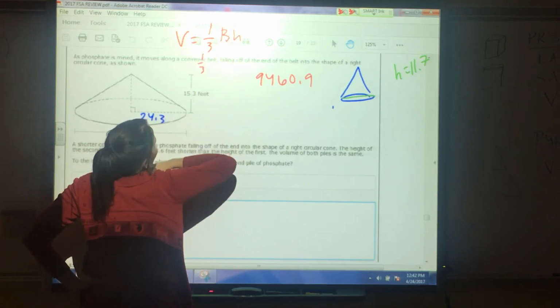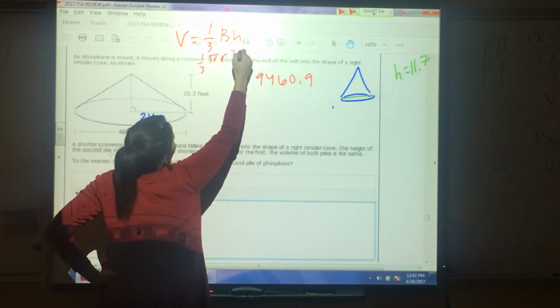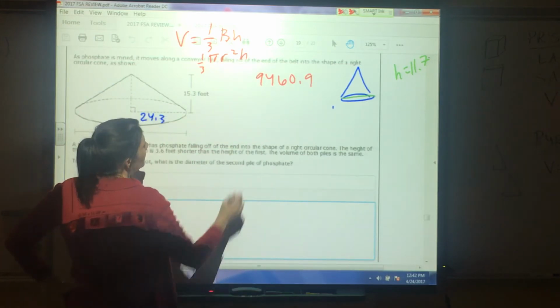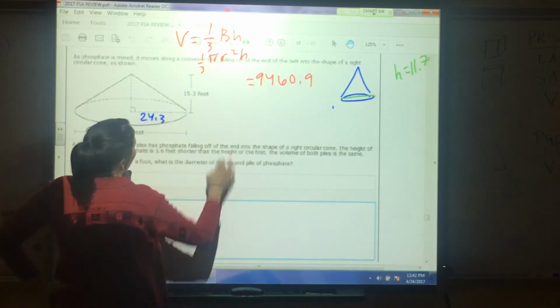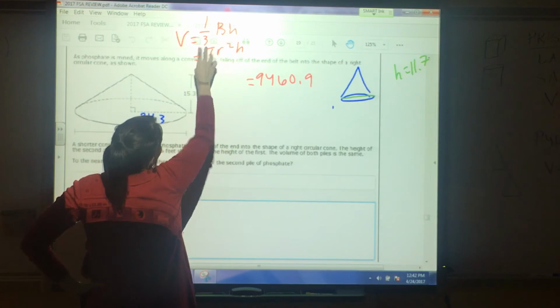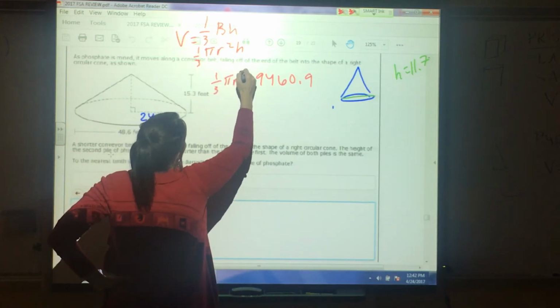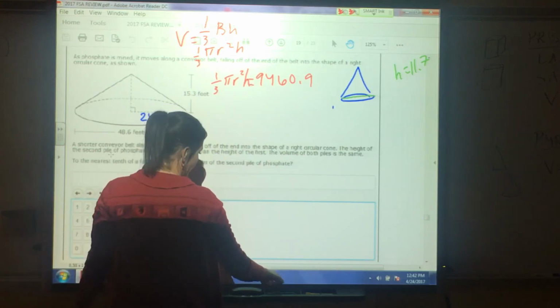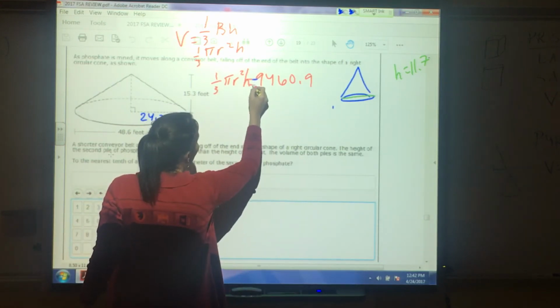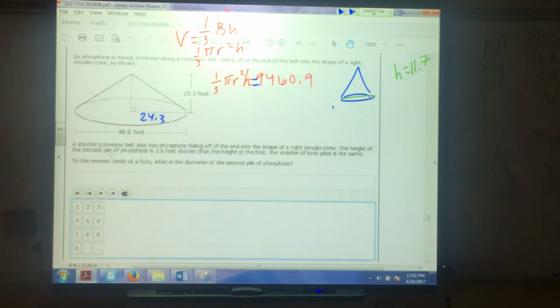So 1/3 pi r squared times h. So I'm going to take that, and I'm going to set it equal to that. Are we okay there?